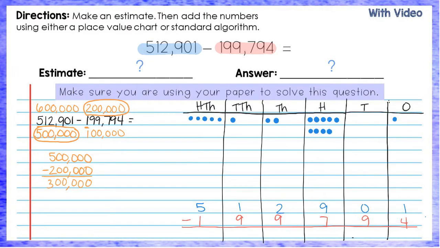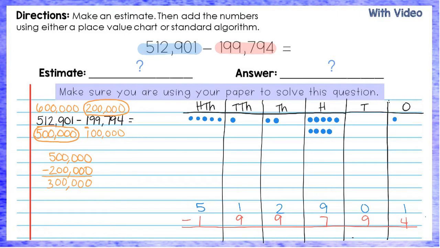So when we subtract, we always start in the smallest place, which in this case is the ones. We have 1, but we are supposed to be taking away 4. Can we do that? No, I can't cross out 4. So I have to come over to the tens. But I can't regroup from the tens because there's nothing there.